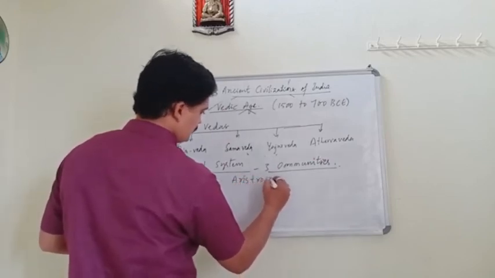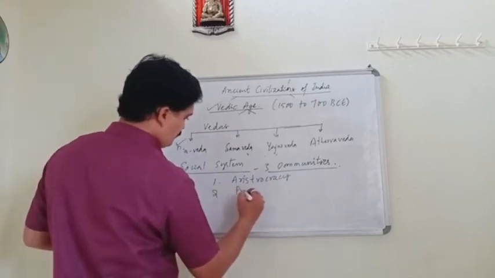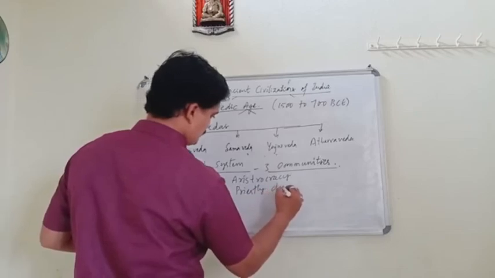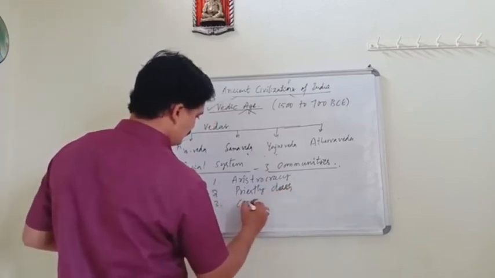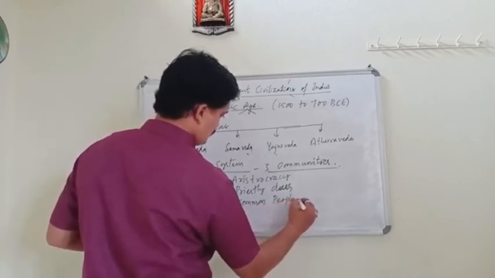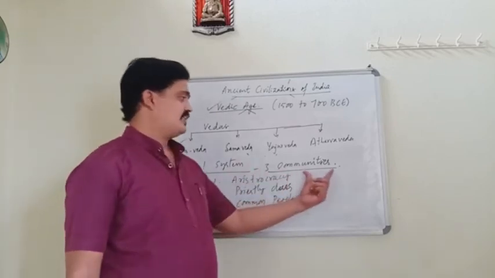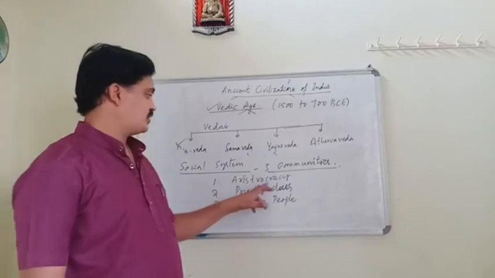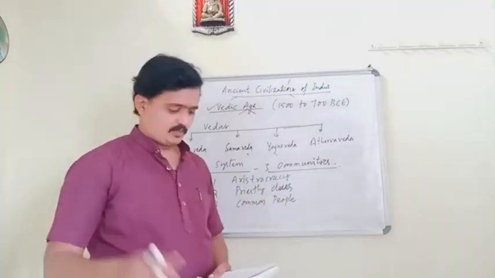One is aristocracy, another one is priestly class, last one is common people. So they were here aristocracy and priestly class and common people here.